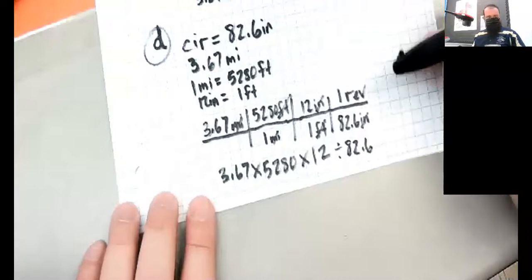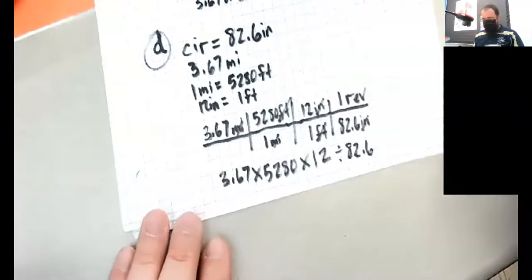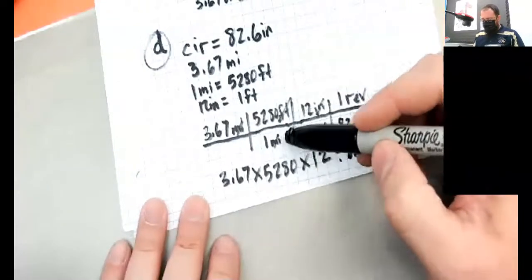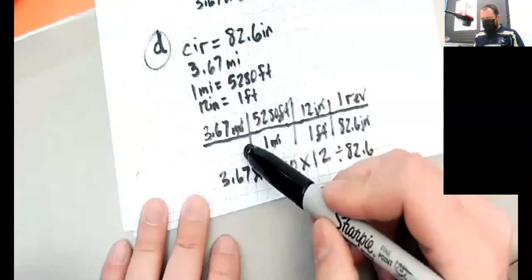So how would you do this in the cross multiply and divide version? You would do multiple cross multiplies and divide. So you would do 1 mile and 5,280 feet in one thing, and then 3.67 miles and X feet in the other.